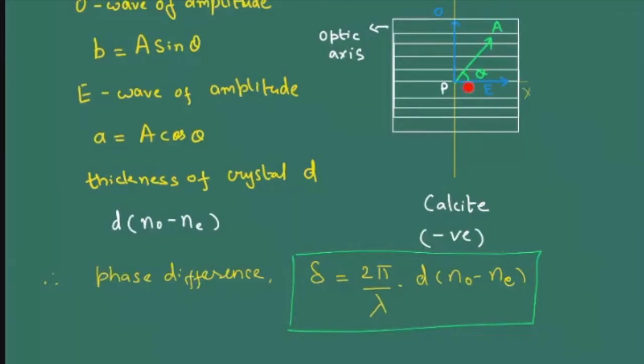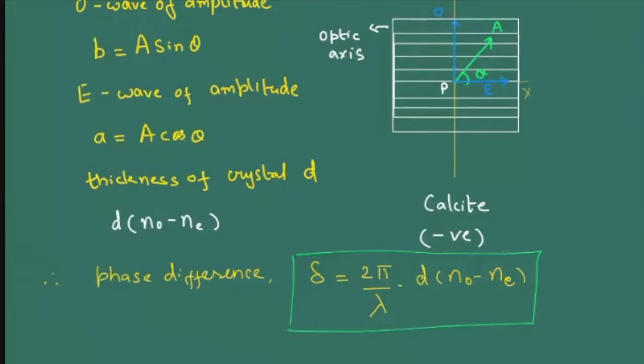If theta is exactly 45, then the amplitude of extraordinary will be equal to ordinary. This ordinary and extraordinary are only considered when the rays are inside the crystal. Once they come out of the crystal, the light will be formed by the superposition of ordinary, which has its plane of vibration perpendicular to the optic axis, and extraordinary, which has its plane of vibration parallel to the optic axis.